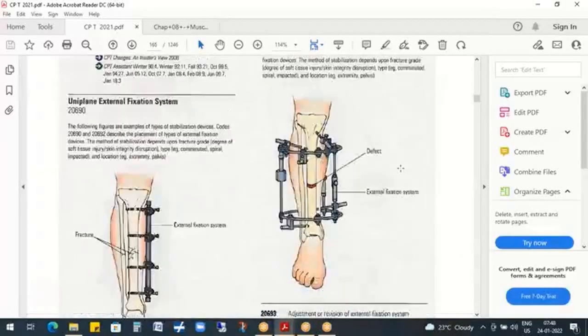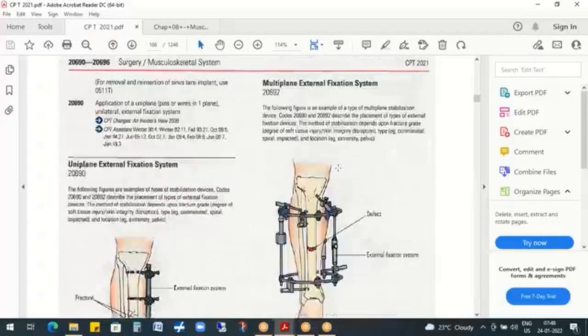Next, come to the code. I said external fixation devices. You can see the diagrammatic representations on my screen. Those are external fixation devices.